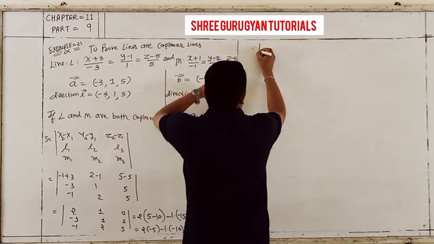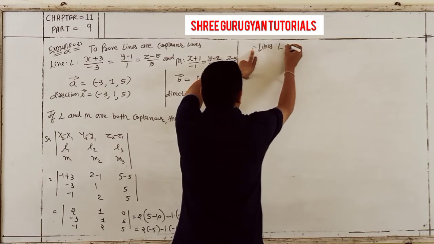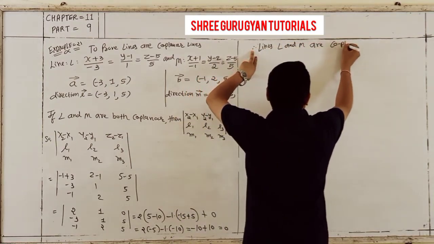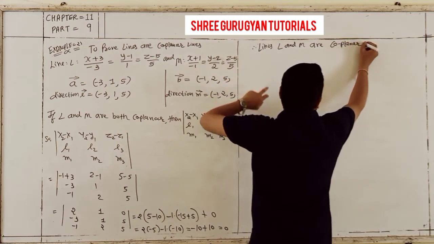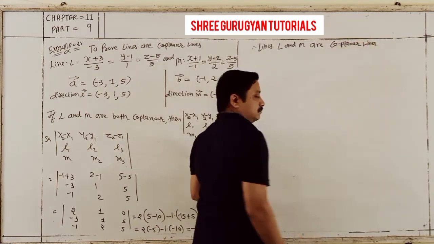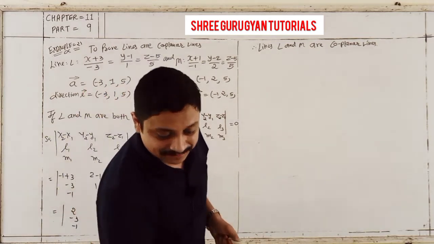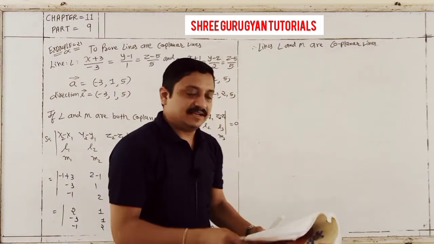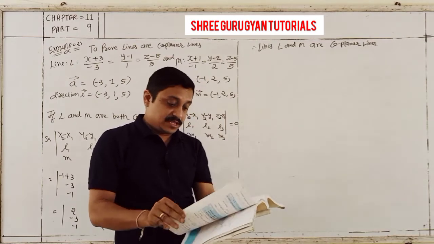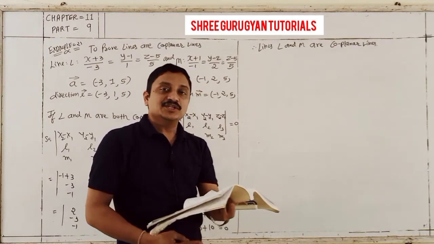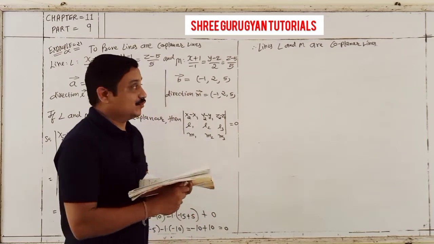So lines L and M are coplanar lines. It means they determine one unique plane. Yes, students, after example 21, examples 22 and 23 are a cancelled part. So now I will go to example 24.